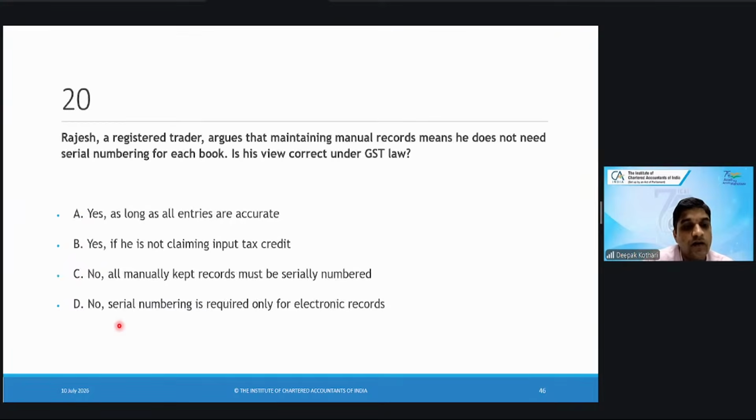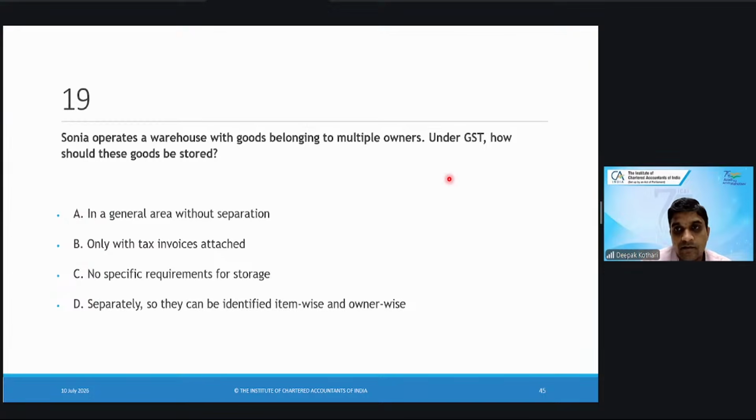Then question number 19. Yeah, if they don't record, but GST law doesn't say that as a composition dealer you have to maintain it.